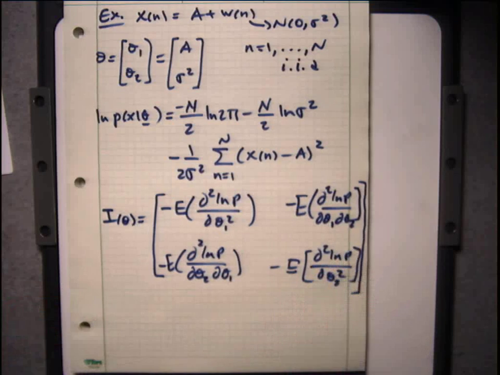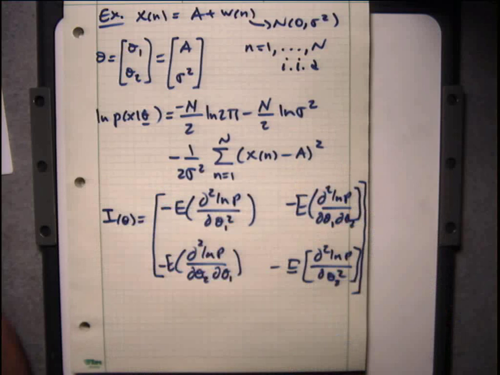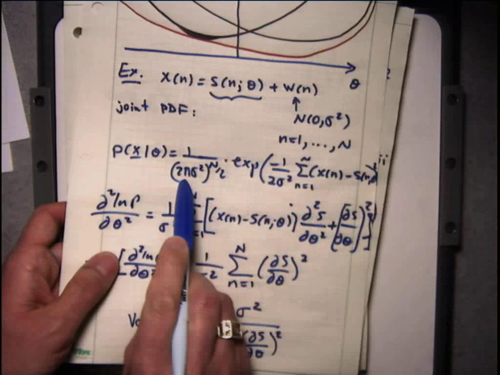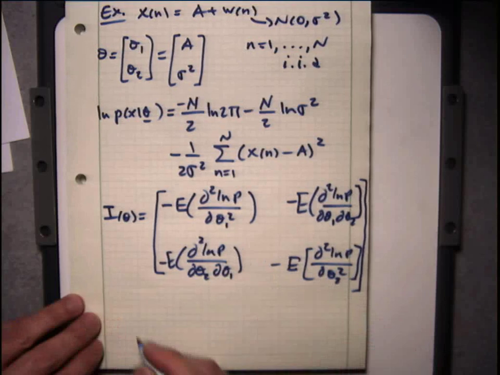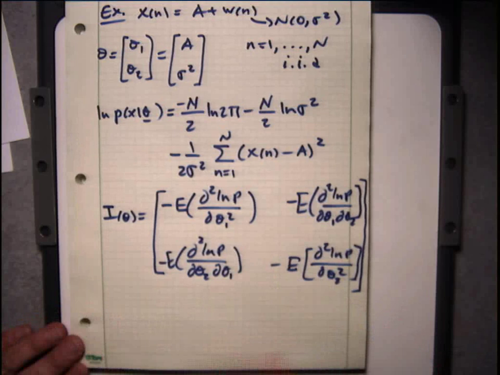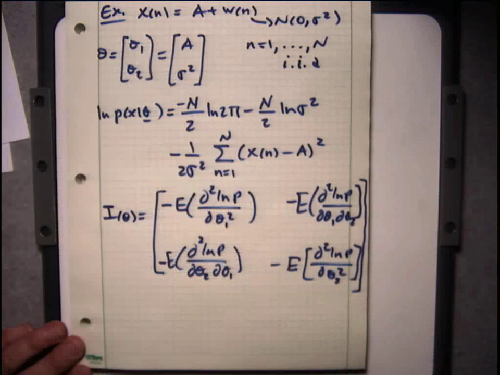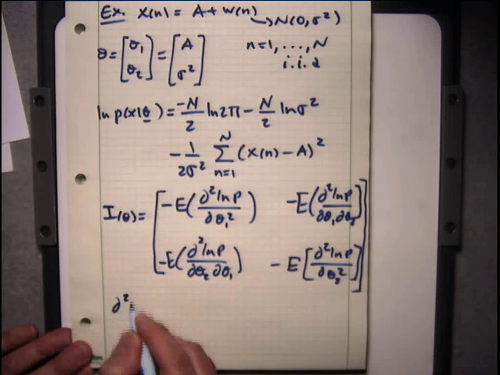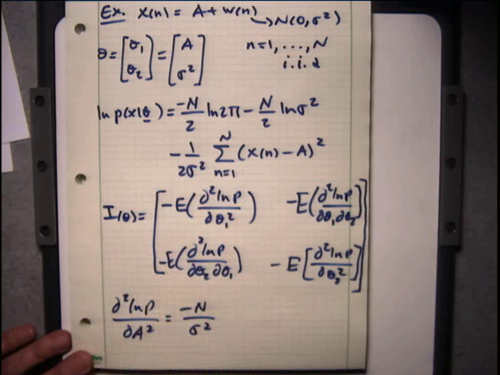Okay, then we take the derivatives. Theta 1 is A and theta 2 is the variance. For the second derivative with respect to A squared, this is minus N over sigma squared.